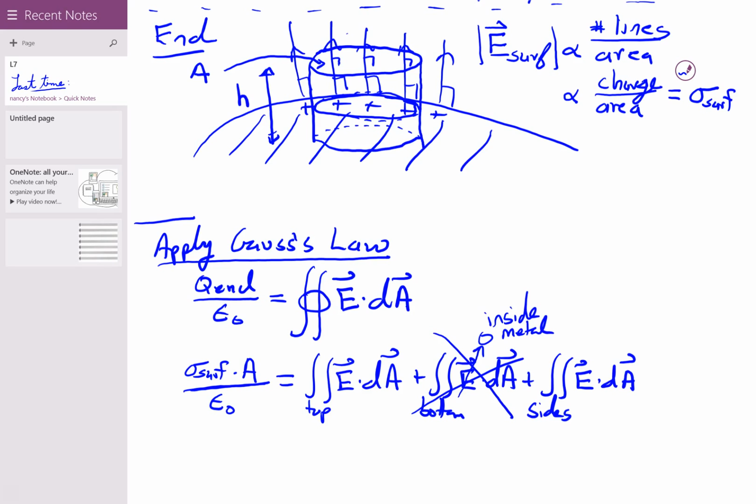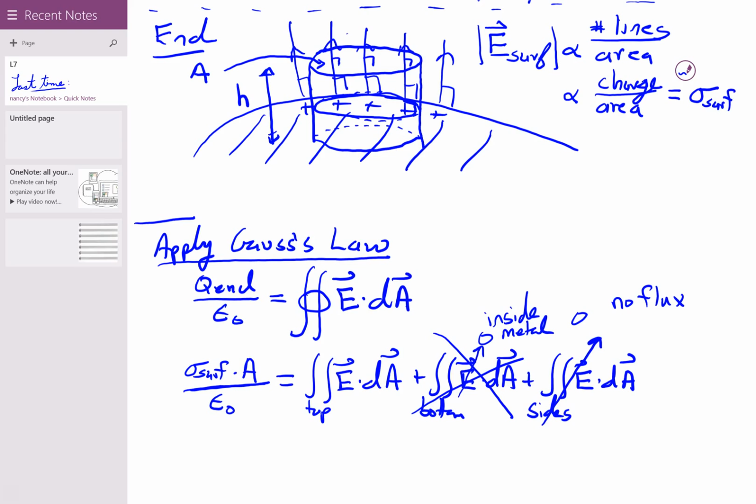For the sides, the fluid model again makes this easy. On the sides, the field lines are always parallel to those sides. There's no fluid that ever leaks through those sides. That's because of the cosine of our angle. You could think of it either way. It's going to vanish. There's no flux, or no flow across the surface.